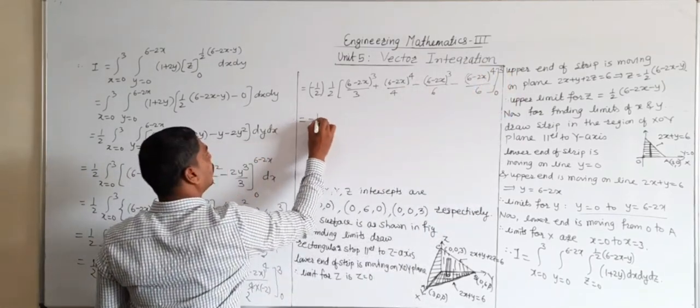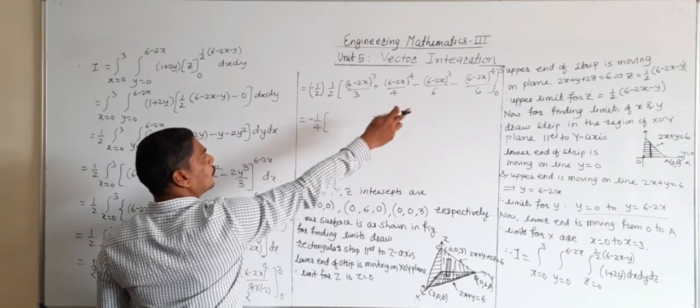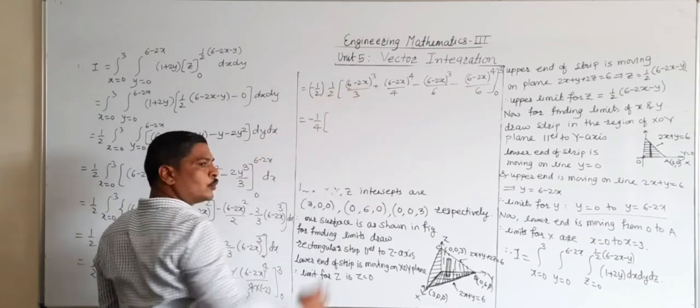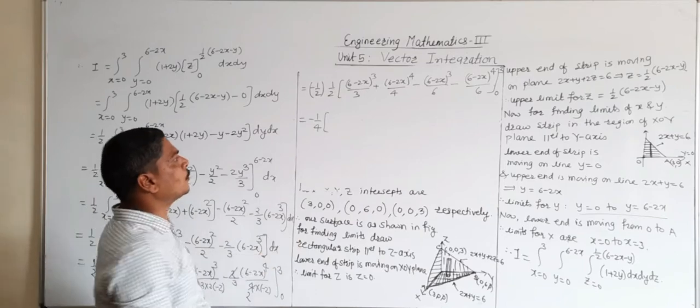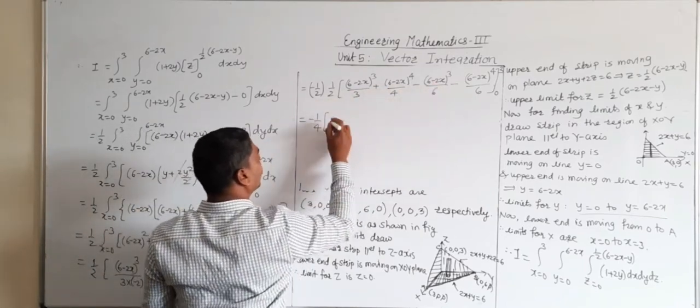After putting the upper limit 3, we get 2 into 3 becomes 6, 6 minus 6 is 0, and every term becomes 0.